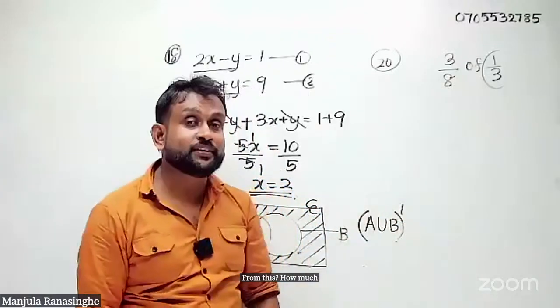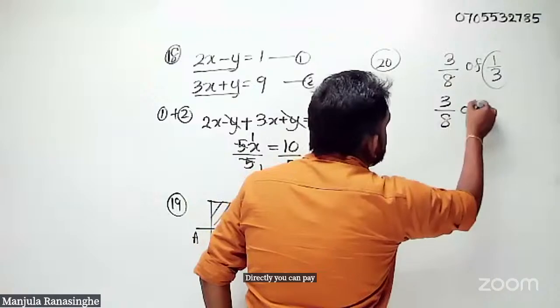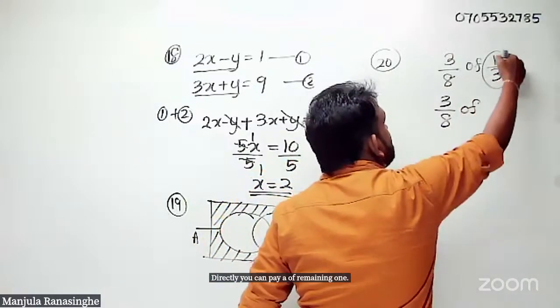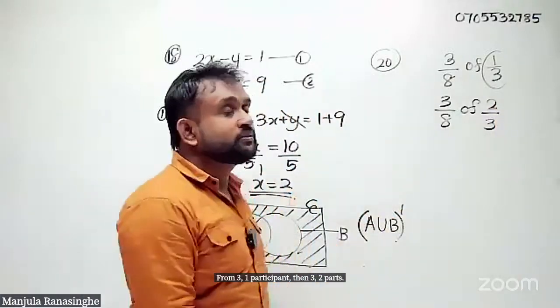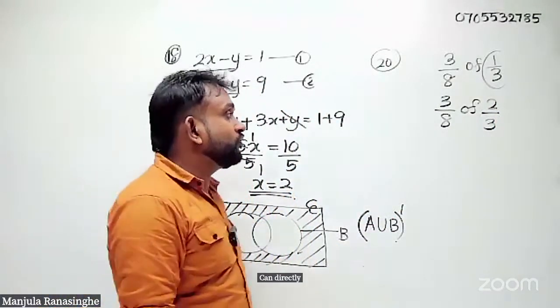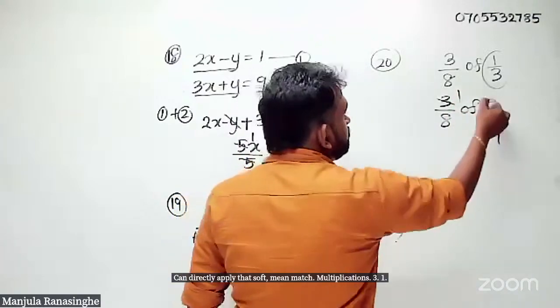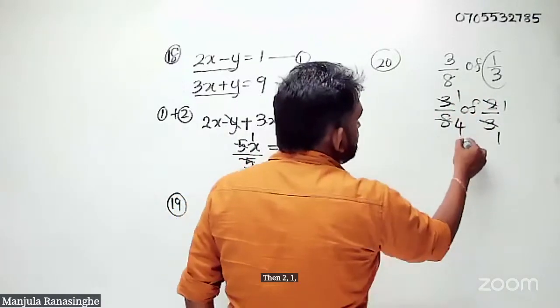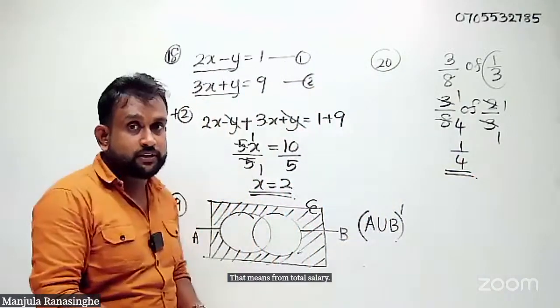Two-thirds remaining. Directly you can take 2/3 of 3/8. From 3, one part is spent, then 3, two parts remain. Can directly apply that. So of means in maths multiplication: 3 and 3 cancel, then 2 and 8 give 1 and 4. So that means from the total salary 1/4 remaining.